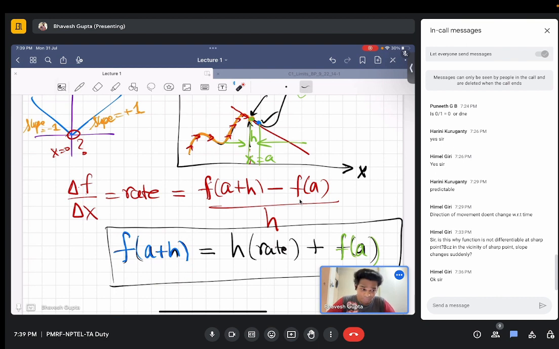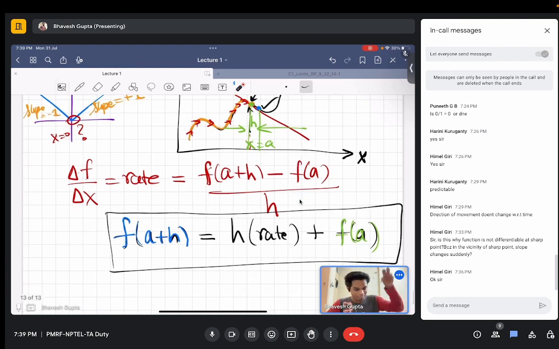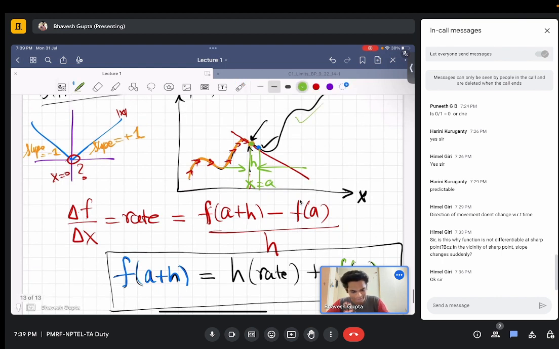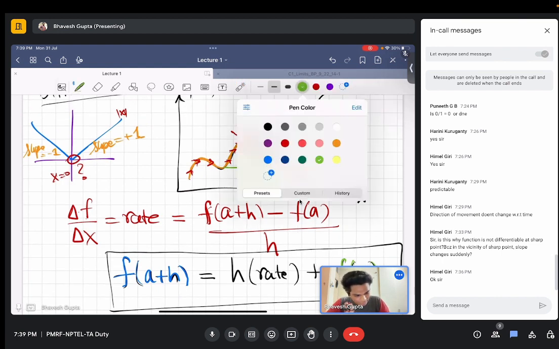So that's why the knowledge of rate is important at every instant of time. At every instant, because using that rate and the value at that particular point, you can estimate what happens next. So you can keep doing that iteratively, and you will construct this.